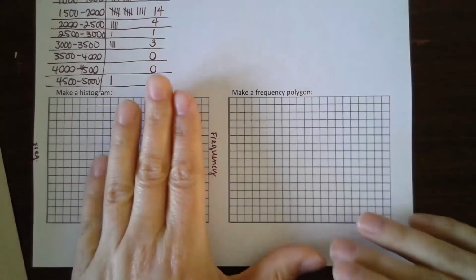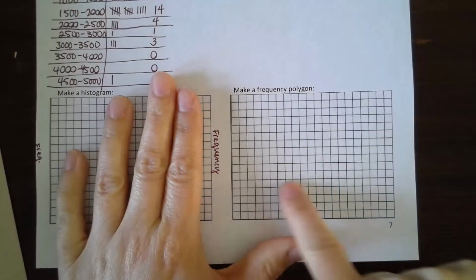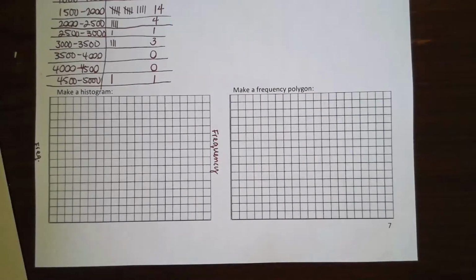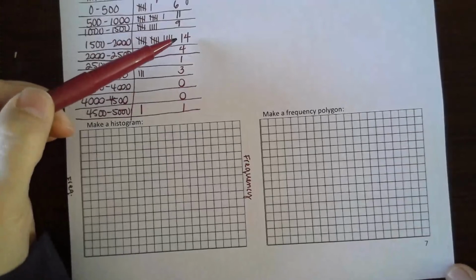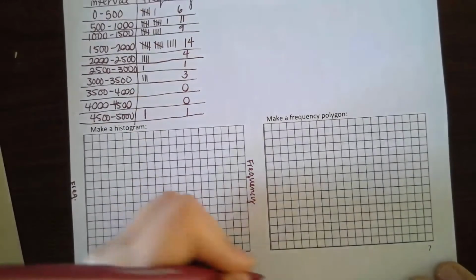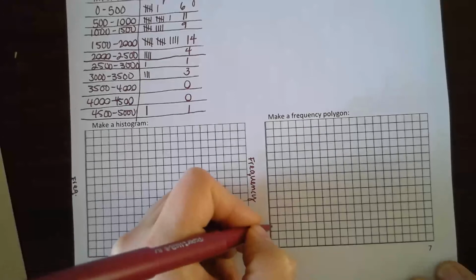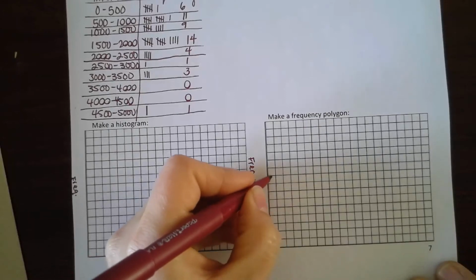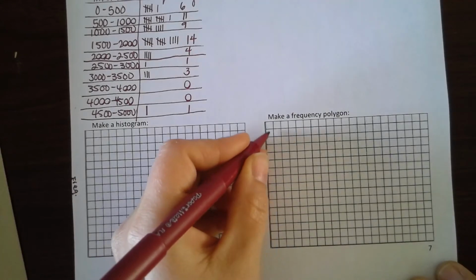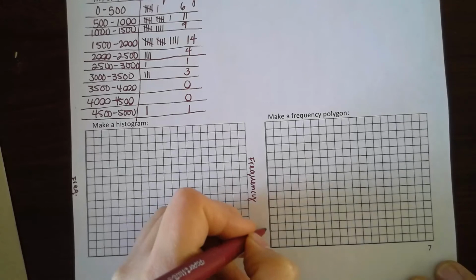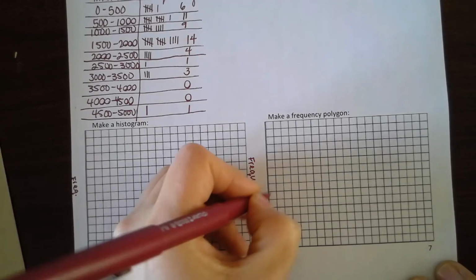Our highest value is actually 14. So we need to be able to count up to 14. So 1, 2, 3, 4, 5, 6, 7, 8, 9, 10, 11, 12, 13, 14. Yeah, we can start at 0 and we can count by ones here.